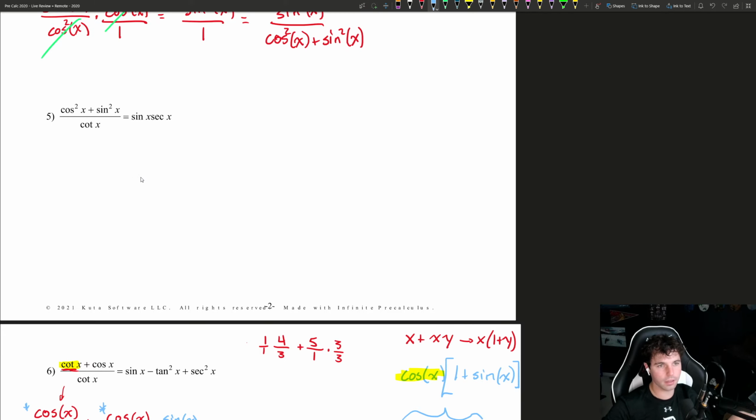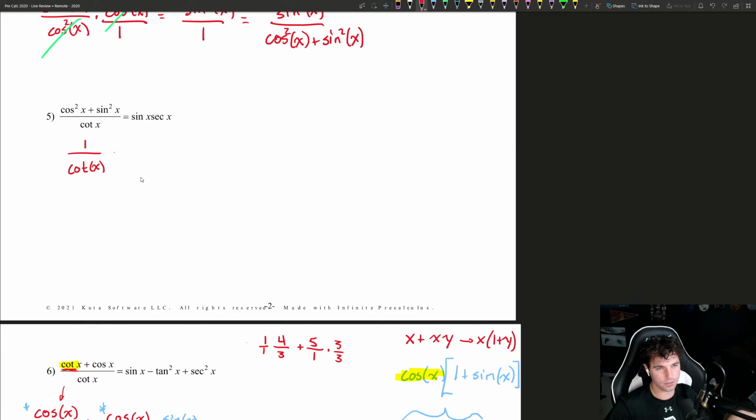Okay, number 5. I immediately see the cosine squared plus sine squared, so I know that's equal to 1. Then we have 1 over cotangent of x. So that's just step 1, which pretty much does it for you.